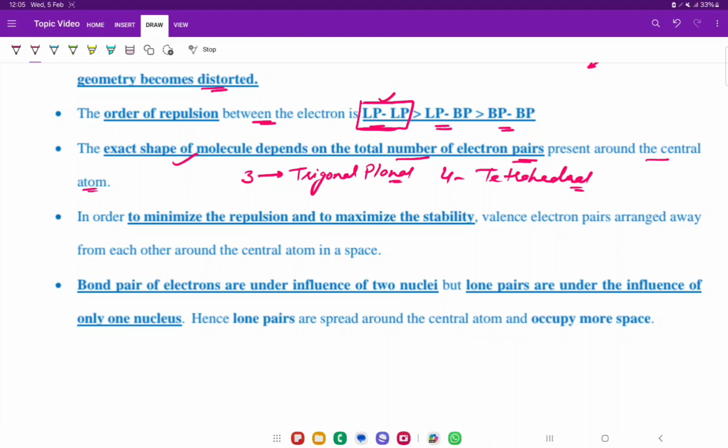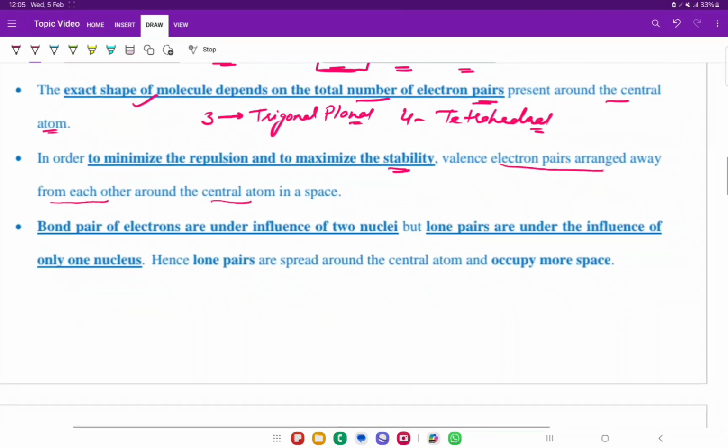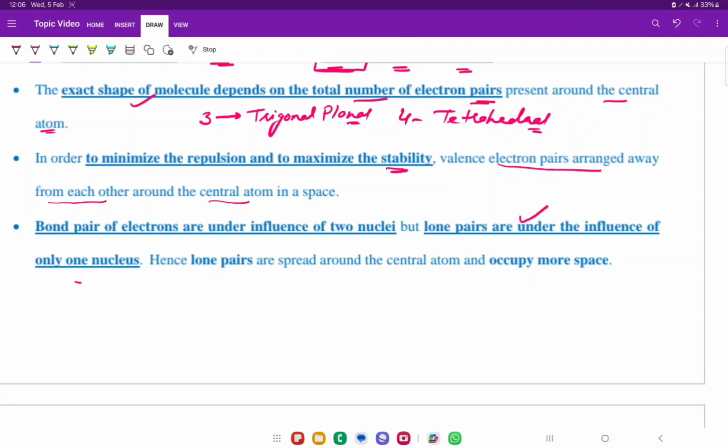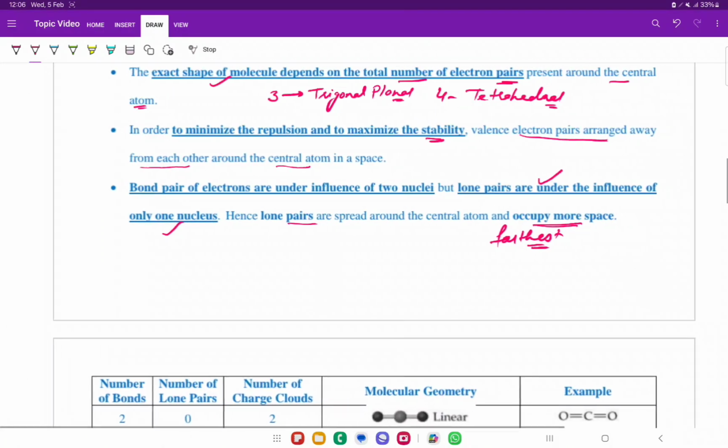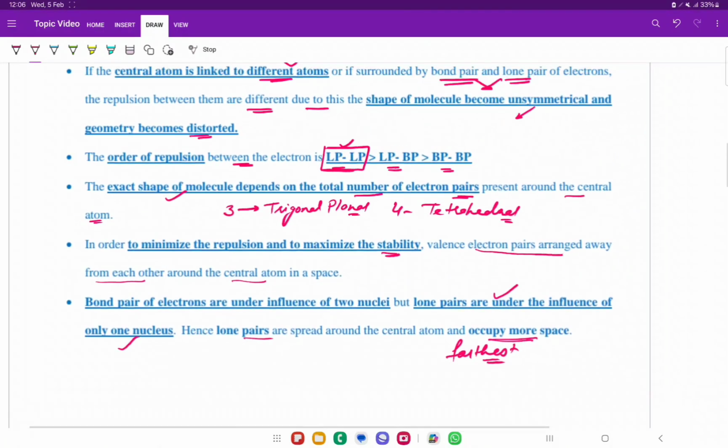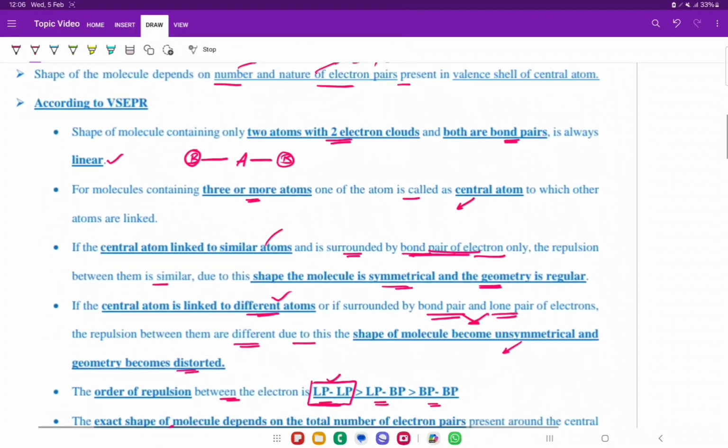In order to minimize the repulsion and maximize the stability, the electron pairs try to arrange themselves at the farthest distance from each other. And since the lone pairs are under the influence of one nucleus, they have maximum repulsion. Thus, they occupy more space, that is, they are at the farthest distance. The molecule tries to keep the lone pairs at the farthest distance. These are the important postulates of this VSEPR theory.